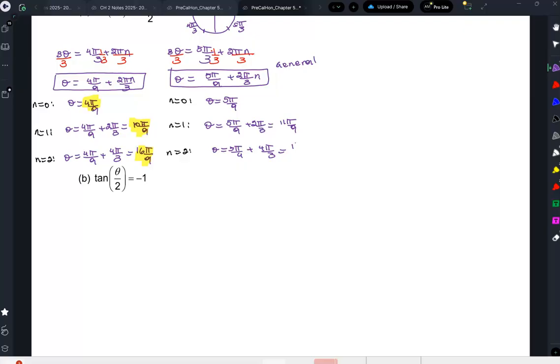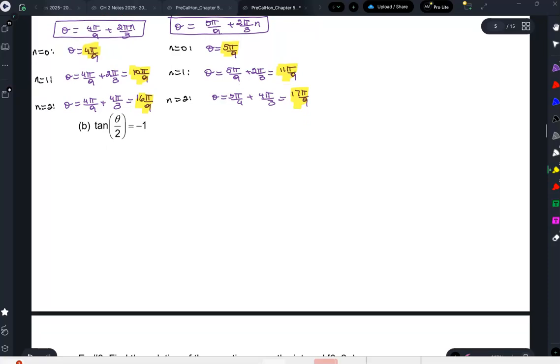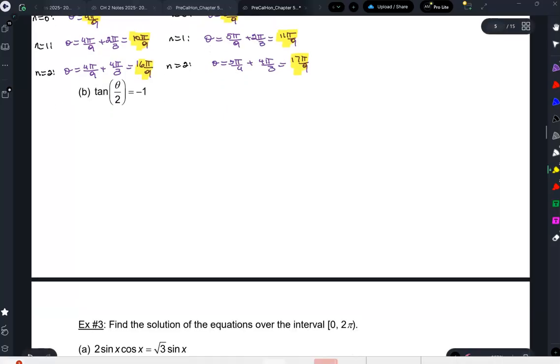How much is that? 17 pi over 9. Okay? So those are the other 3. So those are 6 solutions. I mean, you can choose other values, but it doesn't specify, so I just do 0, 1, 2. I just choose them.